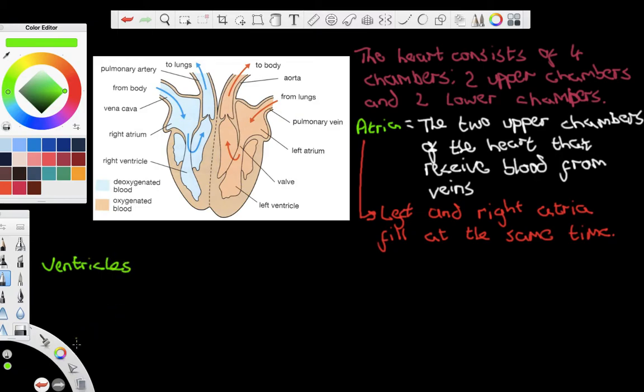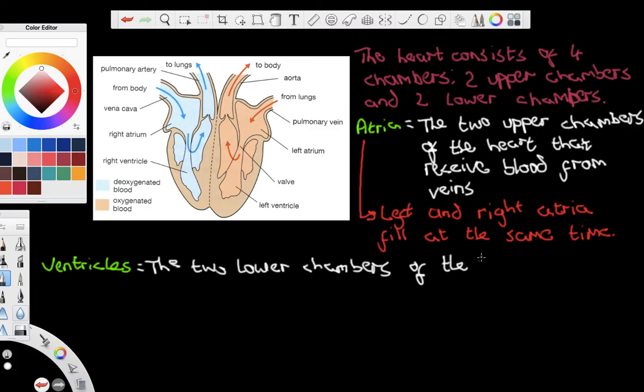Okay, now ventricles can be defined as the 2 lower chambers, that's an M, the two lower chambers of the heart that push blood into arteries.